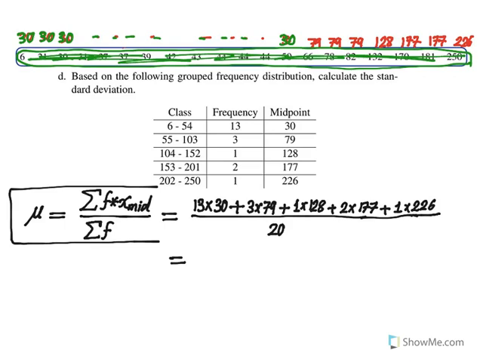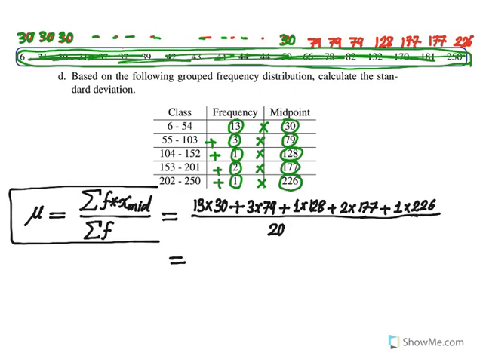And so if you compute this, I'll do it again: 13 times 30, plus 3 times 79, plus 1 times the midpoint, 128, plus 2 times 177, plus 1 times 226. That's how you compute the mean for group data.